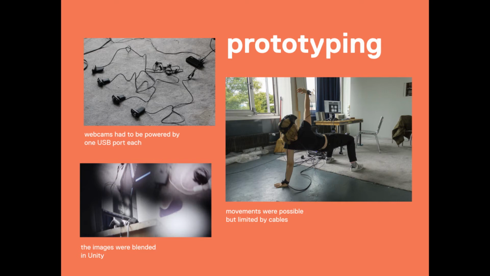When it finally kind of worked by using one USB port per camera, we attached the cameras to my wrists and knees and arranged the video streams in my field of vision. And this was already exciting, but the cables and the headset, they really limited my movements and I couldn't really explore my new set of detached eyes.